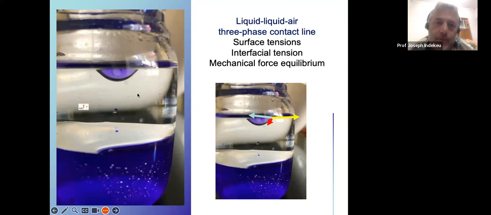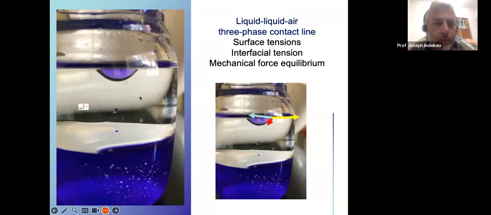What's interesting in this picture is that these droplets form a contact angle with the upper interface. The contact angle in this case is the angle here, and it's approximately 45 degrees. You see that the counter droplet makes a contact angle that is 90 degrees plus this 45 degrees.